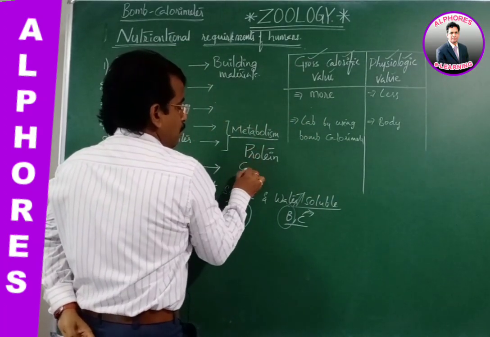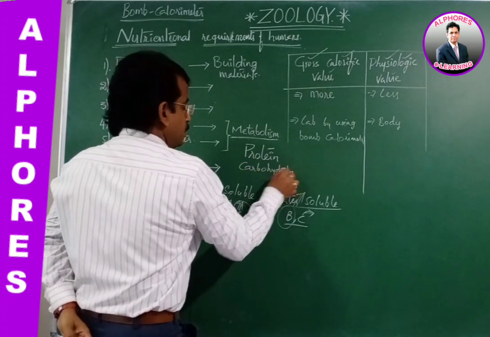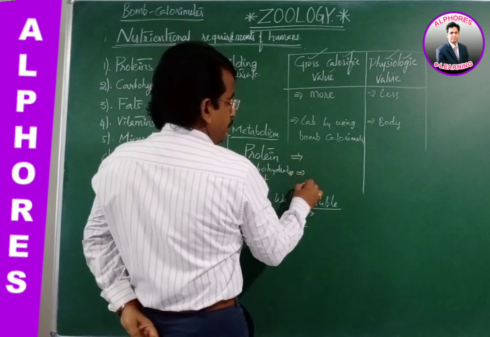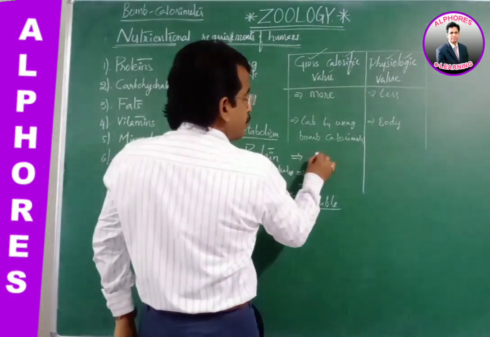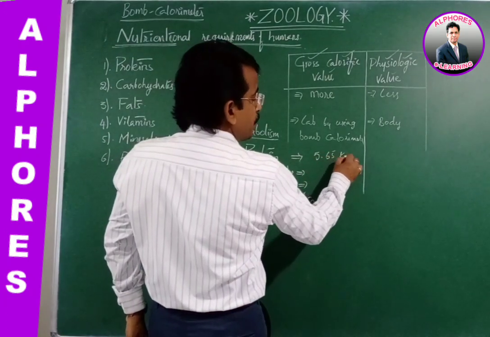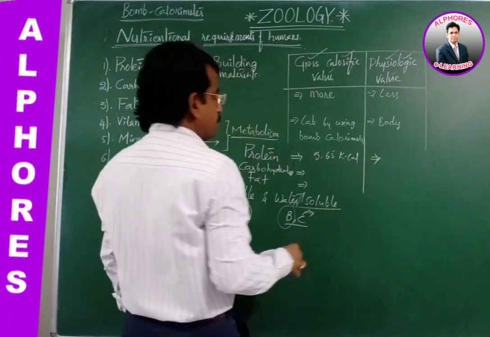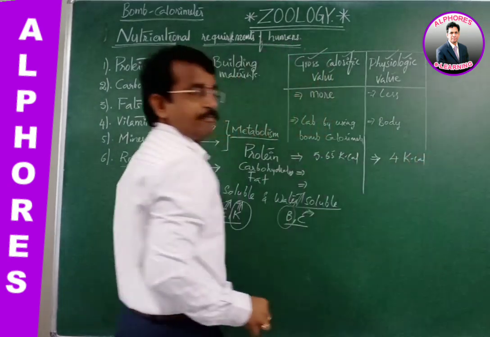Protein, carbohydrates and the fat. Protein gross calorific value is 5.65 kilocalories, whereas the physiological value of the protein is 4 kilocalories.